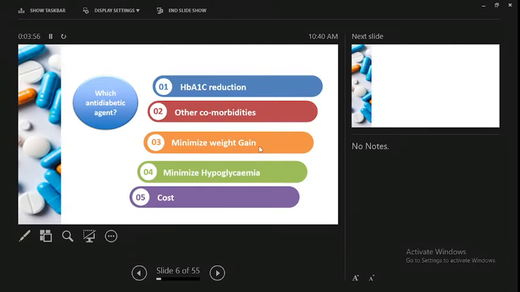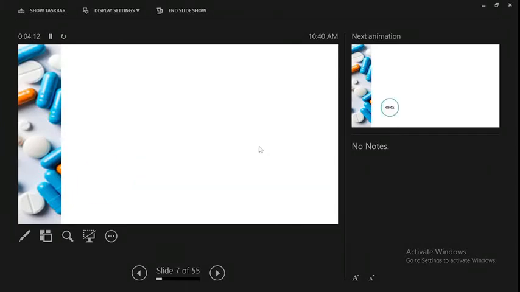Finally, in countries like ours, cost is probably the most important thing when you are picking the oral hypoglycemic, particularly with the economic crisis. This is more relevant today.